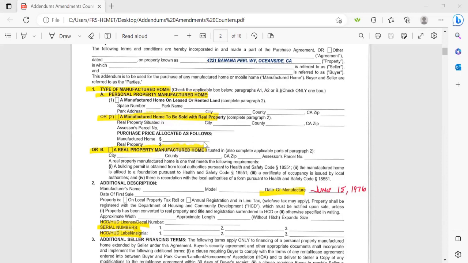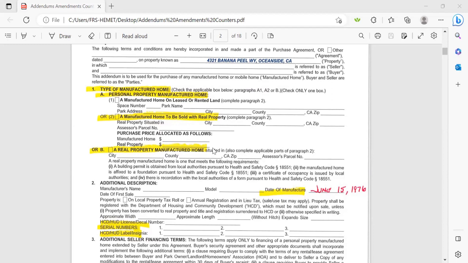The last one, B, is a real property manufactured home. Now, this one's to be sold with real property. This one is a real property manufactured home, which means that the manufactured home, through permits from the county and the city and everybody that was involved in it, was put on what we refer to as a 433 FHA permanent foundation.